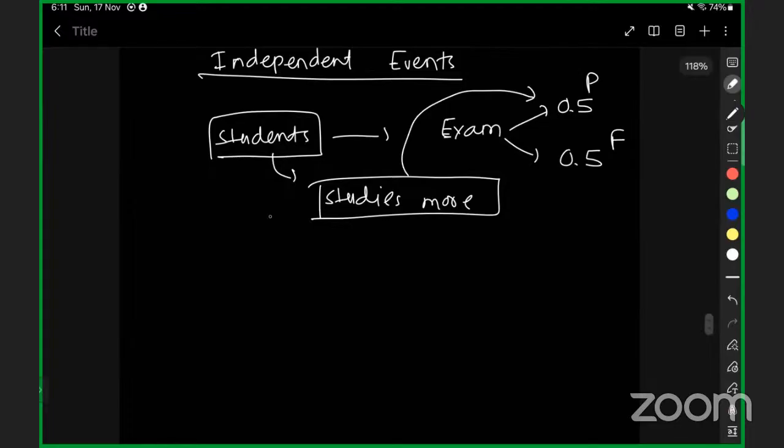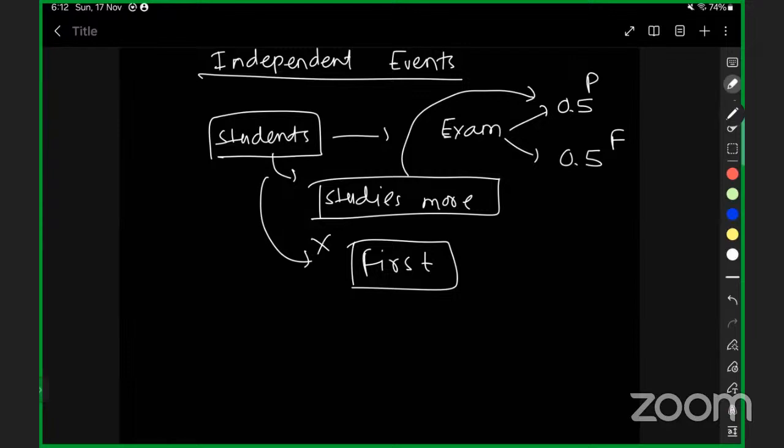Now, let's say something which doesn't impact the exam. Let's say he goes to the class first, he reaches the exam center first. If I give you this information, will it affect his passing the exam or not? Probably not, because these are independent events.